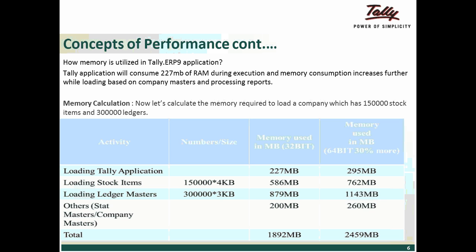Loading stock items, that means 1,50,000 stock items at 4 KB per stock item, requires 586 MB precisely in case of a 32-bit application. In case of a 64-bit application, there will be an increase of 30%, requiring 762 MB of memory, right?